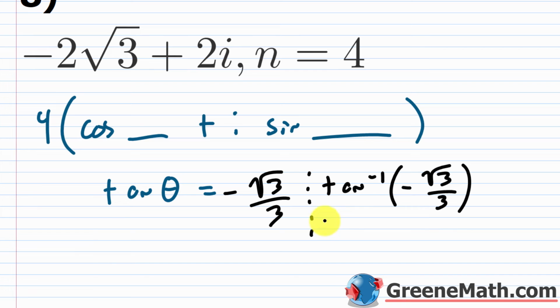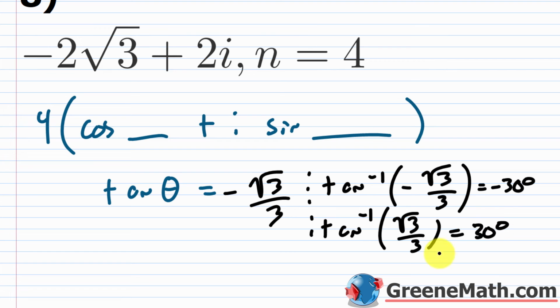Alternatively, you can just say inverse tangent of this guy being positive, so square root of 3 over 3. And this guy right here would give you your reference angle that you're going to need to go into quadrant 2 and work with. So let's key this into the calculator. If you do it this way, you get negative 30 degrees. If you do it this way, you get positive 30 degrees.